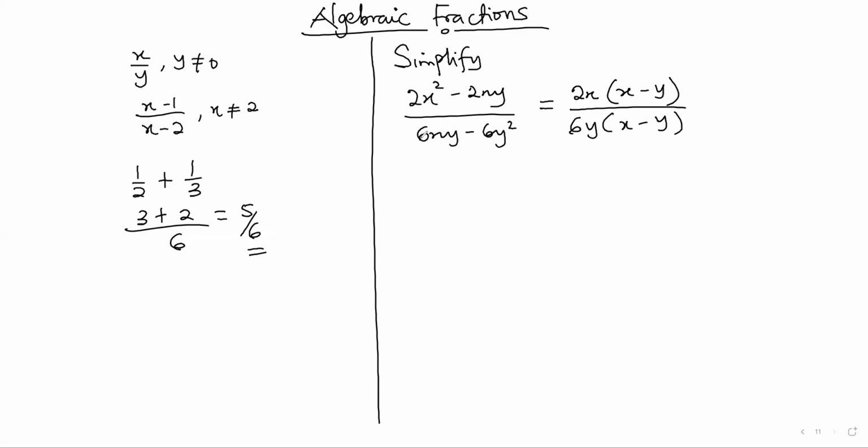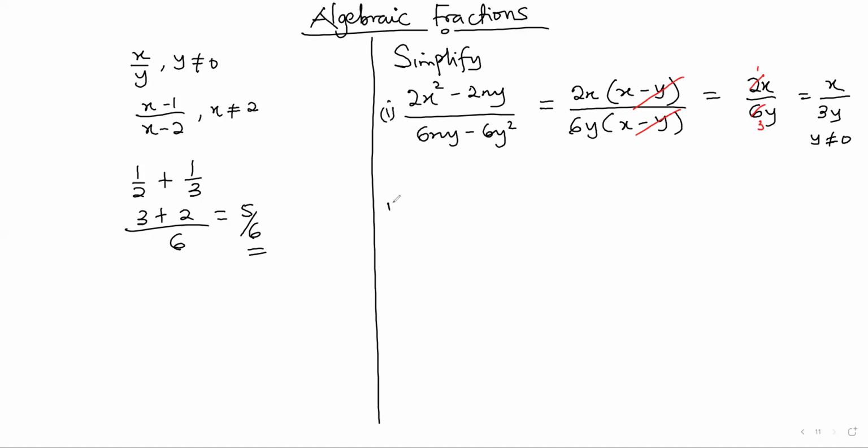So this cancels this. You'll be left with 2x divided by 6y. And once again, 2 here is 1 and 2 here is 3. So you'll be left with x over 3y. And don't forget, your y should not be equal to 0, because if y is equal to 0, it renders the expression undefined.